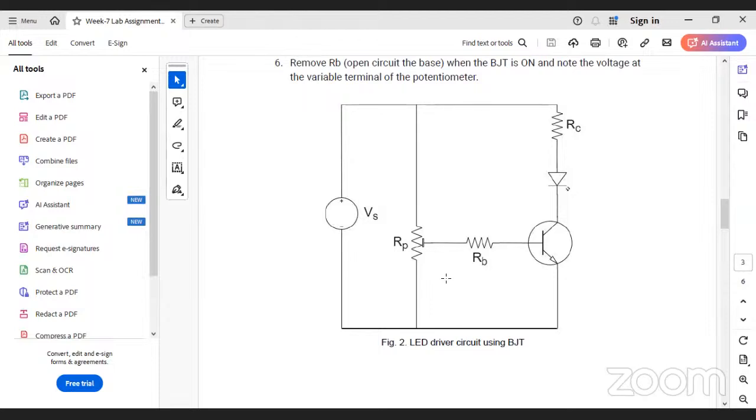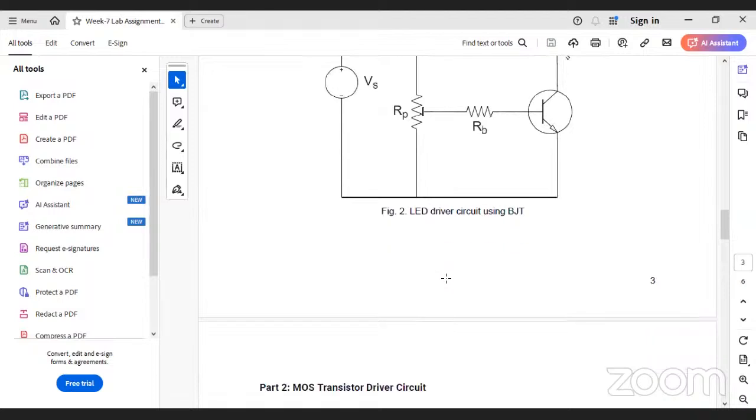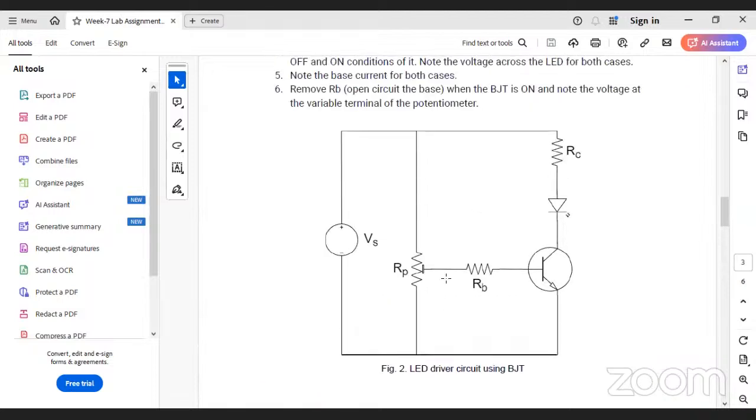Okay, we'll confirm. Figure 2 is half visible, not fully visible. Okay, I'll just check with Victoria.